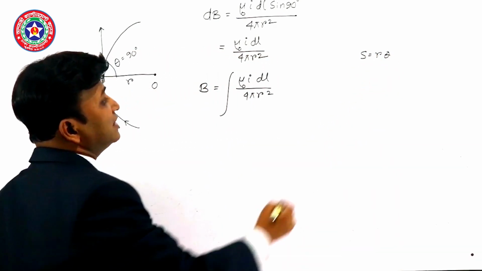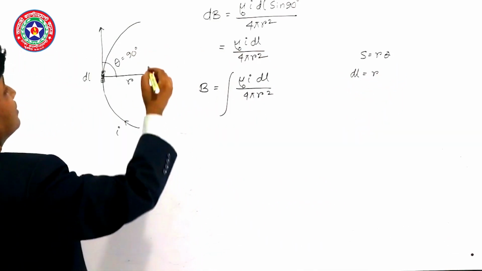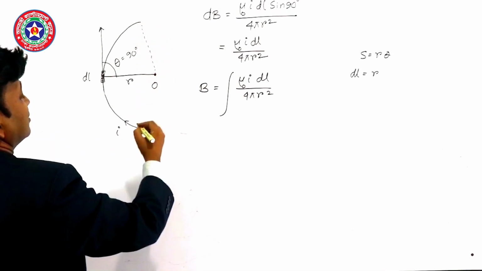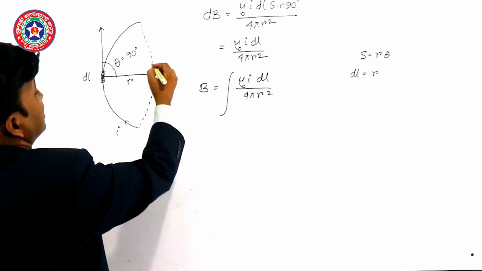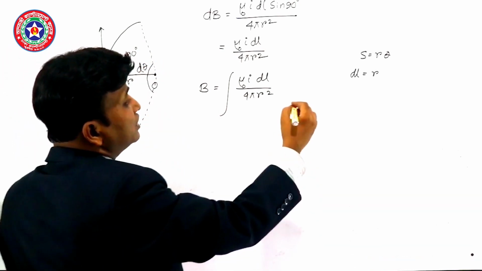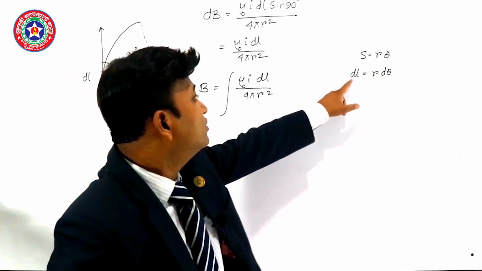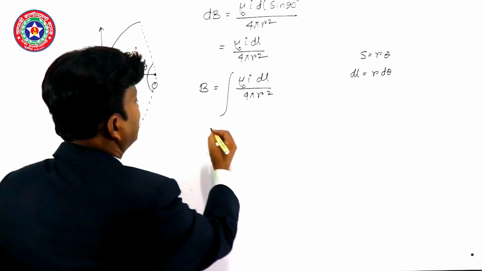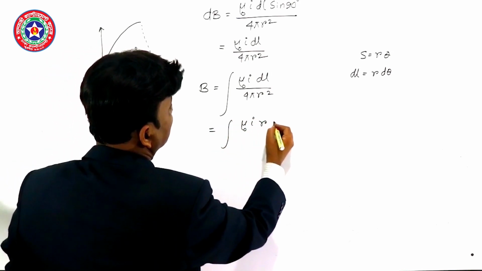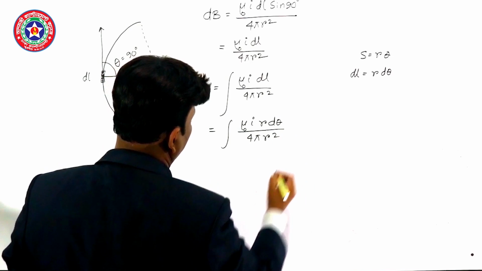According to this formula, here S is dl, r is the radius, and if we connect the terminal ends with the center, we get the angle dθ. So dl equals r dθ. Now we can put the value of dl here. Then we get μ₀ I r dθ divided by 4π r².